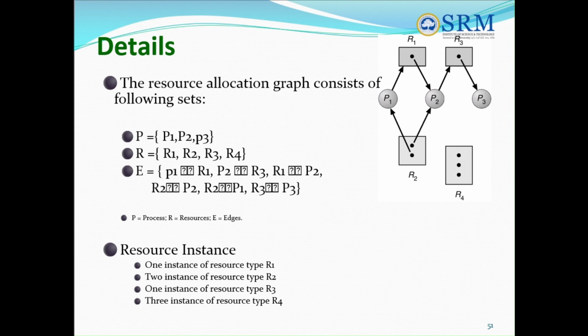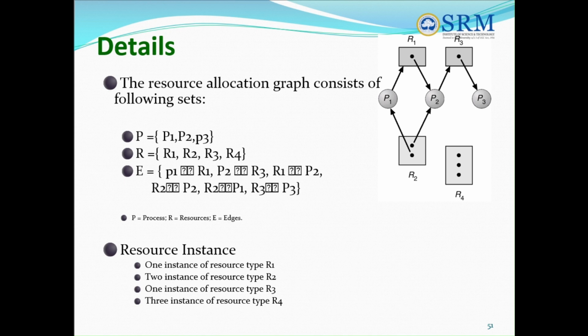You need to check whether a cycle is formed or not. If the cycle is formed, the deadlock will be automatically created, because we are requesting a resource that is already assigned to another process. So the cycle will be formed, and that is one condition of deadlock.